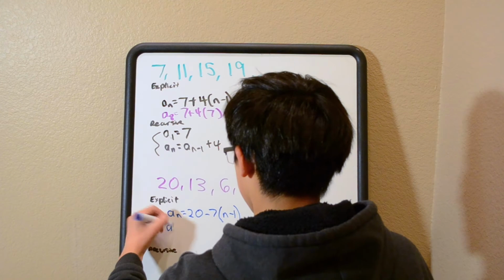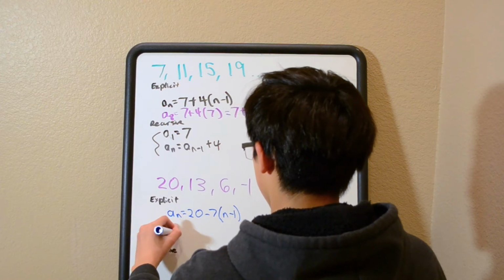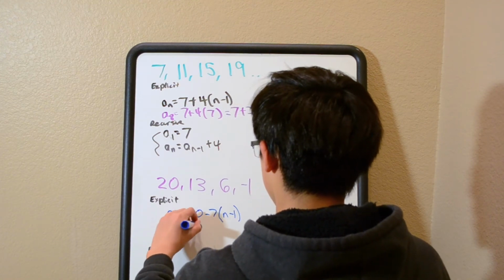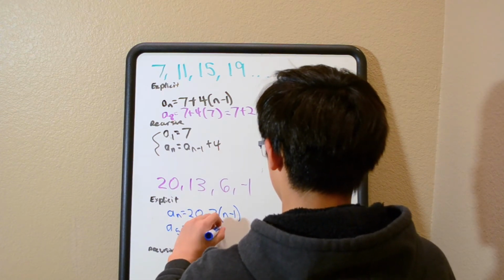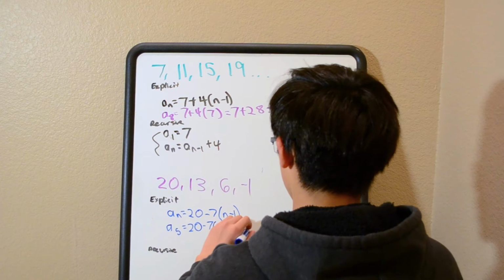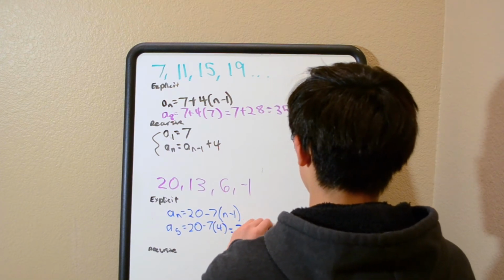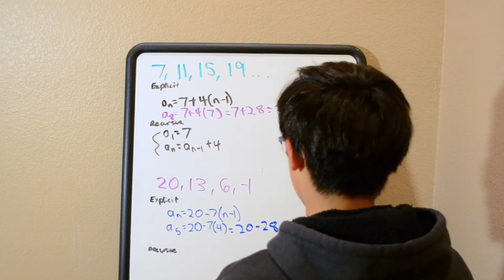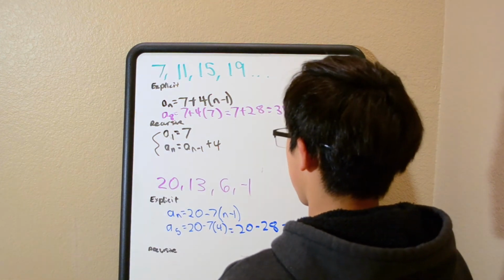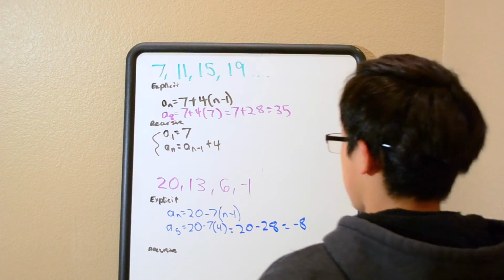So a sub 5 is equal to 20 minus 7 times 5 minus 1, which is 4, which is equal to 20 minus 28, and we get negative 8. So that would be our fifth term in this sequence.